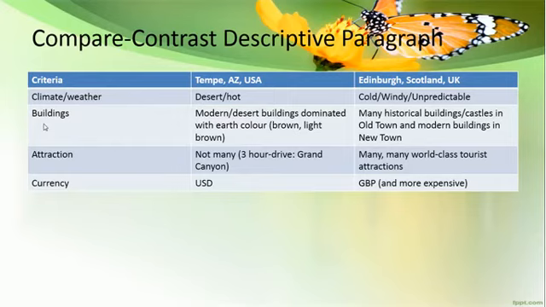So in a compare-contrast descriptive paragraph, you do not have to have, I repeat, you do not have to have so many criteria to compare. But it's better if you pick 2 criteria, for example, and then use these criteria to compare 2 places or 2 people or 2 objects in more detail.